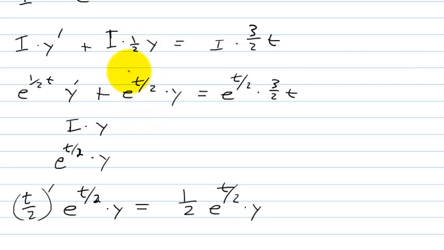Oh, look at here, 1/2. When I did this part right here, I forgot to bring down the 1/2 here. So let me fix that. You've got to pay attention to those, they're very important. So this is y, and yeah, we actually do get it: 1/2 times e to the t divided by 2 times y.